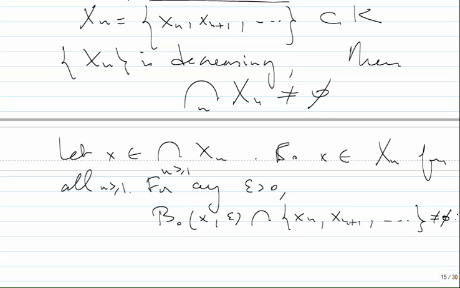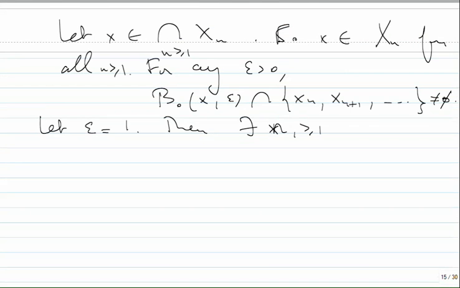Because x is a limit point of this set, and therefore there exists a sequence from the set which converges to x, and that's how we can get this. So in particular, let epsilon equal to 1, then there exists xn1, n1 greater than 1, such that xn1 belongs to the open ball x, 1.